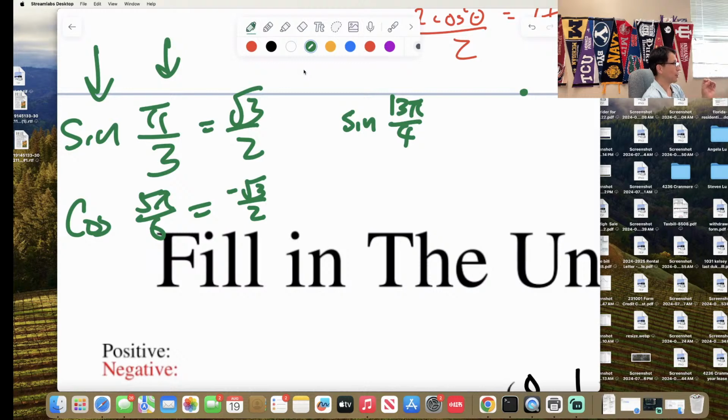Do you realize how hard that is? Your brain is automatically wired to your eyes, so every time you think about rotation of a unit circle, you start rotating your eyes. It's really hard to do without it. Some students can do it, some students cannot. But yeah, sine of 13 pi over 4.